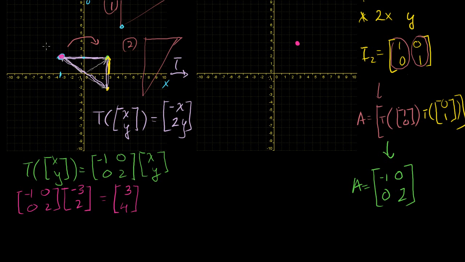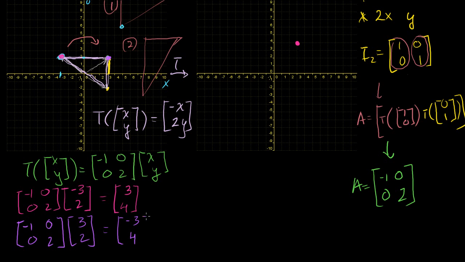Let's look at this point right here, the point 3, 2. So let's take our transformation matrix, -1, 0, 0, 2 times 3, 2. This is equal to -1 times 3 is -3, plus 0 times 2, so it's just -3. You have 0 times 3, which is 0, plus 2 times 2, which is 4.